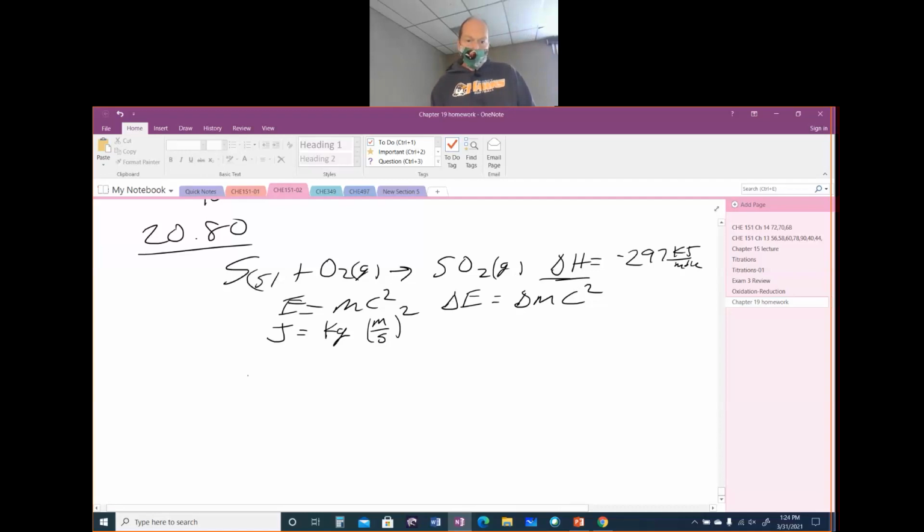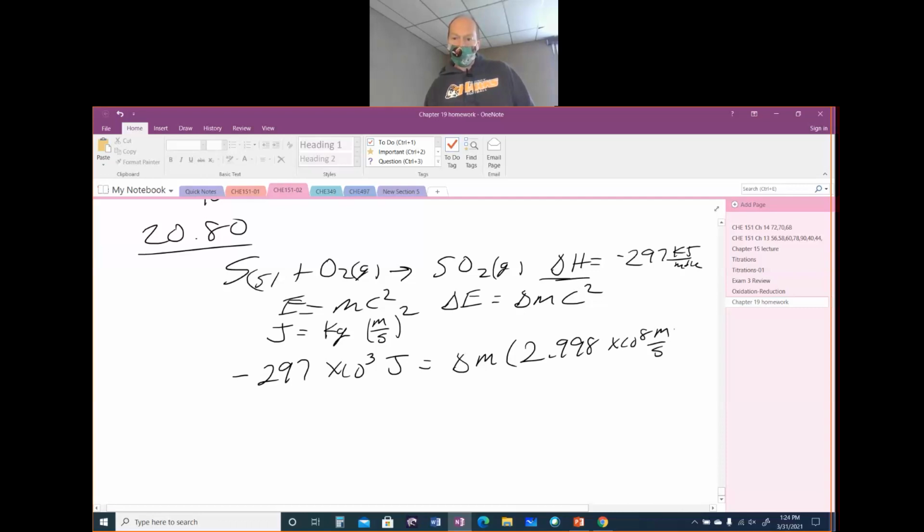So we put in negative 297 times 10 to the third joules for our delta E. That's equal to our change in mass times 2.998 times 10 to the 8th meters per second. The speed of light is a constant. It will be given. When you do that, you get your change in mass is negative.